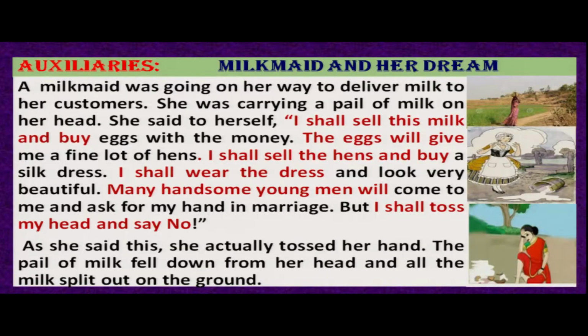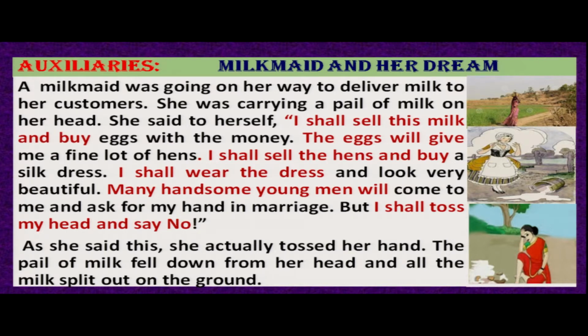So all these phrases, these sentences in red color with shall, they are sentences with modal auxiliaries. Means the modal auxiliaries, they talk about the mood or the wish, the intention, the possibility that will take place in future by the speaker.